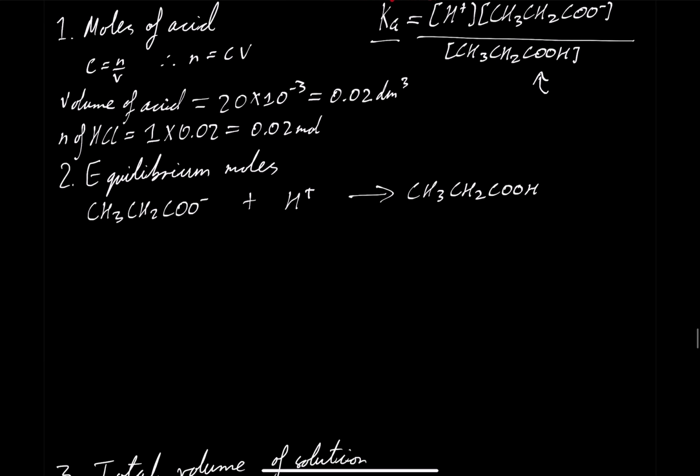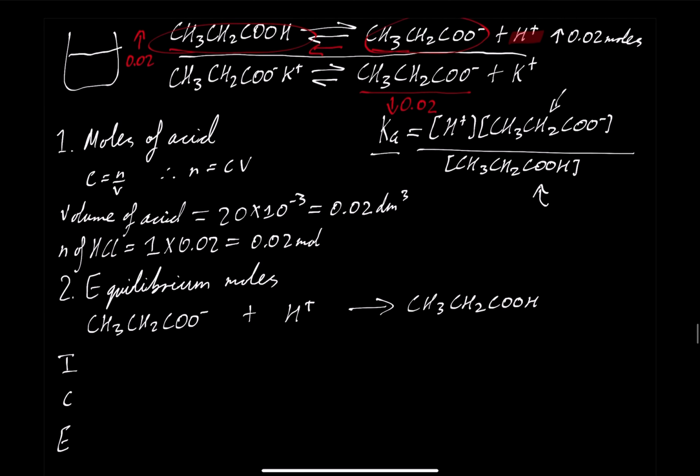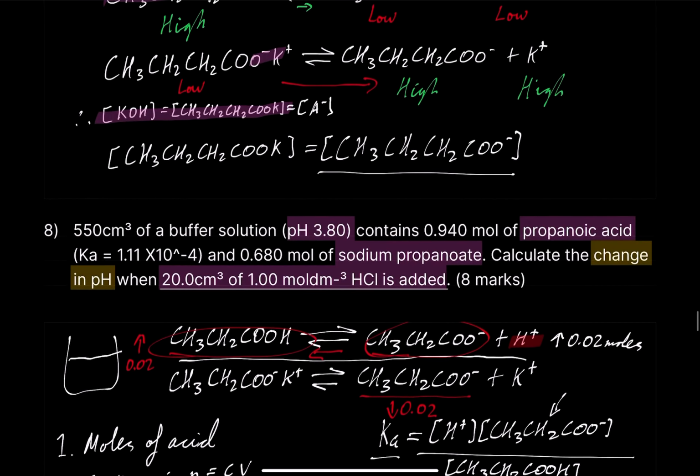So let's treat this like an ice table, right? I can just do this without an ice table, but I will do it as an ice table for the sake of people that may find ice tables easier to understand. We already know our initial moles of propanoate ions and propanoic acid, because they told us in the question that we have 0.94 moles of propanoic acid.